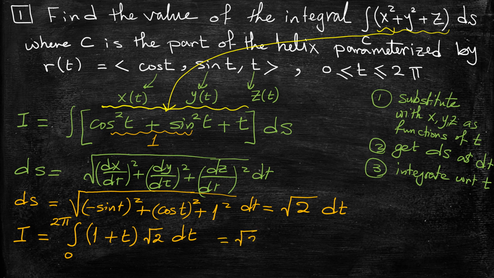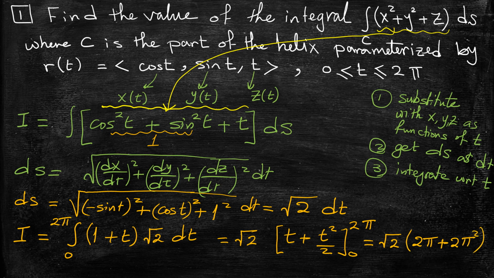Again, this root 2 is a constant. 1 will be integrated as t, and t will be t squared over 2. Substituting with 0 and 2 pi, the 0 part for sure will be 0. And then this will be root 2 times (2 pi plus 4 pi squared over 2, which is 2 pi squared).